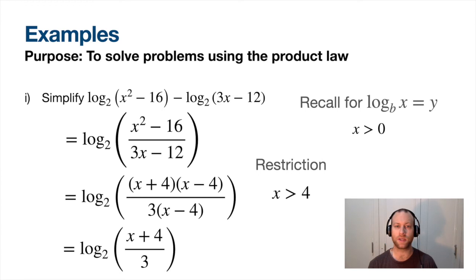So if you look at the original equation, I've got minus log base 2 of 3x minus 12. If I stuck in 4 into there, I'd have log 0. And this doesn't work. If I pick some number that's less than 4, so suppose I put in 3, 3 times 3 is 9, minus 12 is a negative number. I can't do a log of a negative, so this is going to be my restriction. So that is what you're going to do with this. You need to look at your original equation and try and figure out the restrictions for that.